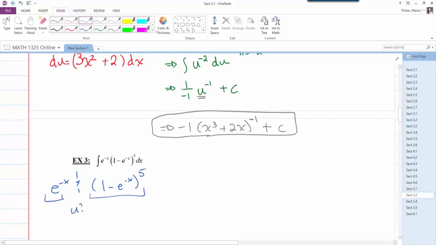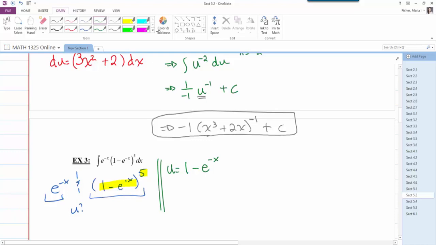Well, the thing is that when you label something as u, you have to be able to take the derivative of it and find it there. So I always tell my students that if you have something like this, you're still going to make your u equal what's being raised to a power. So in this case, I'm going to let my u equal 1 minus e to the negative x.